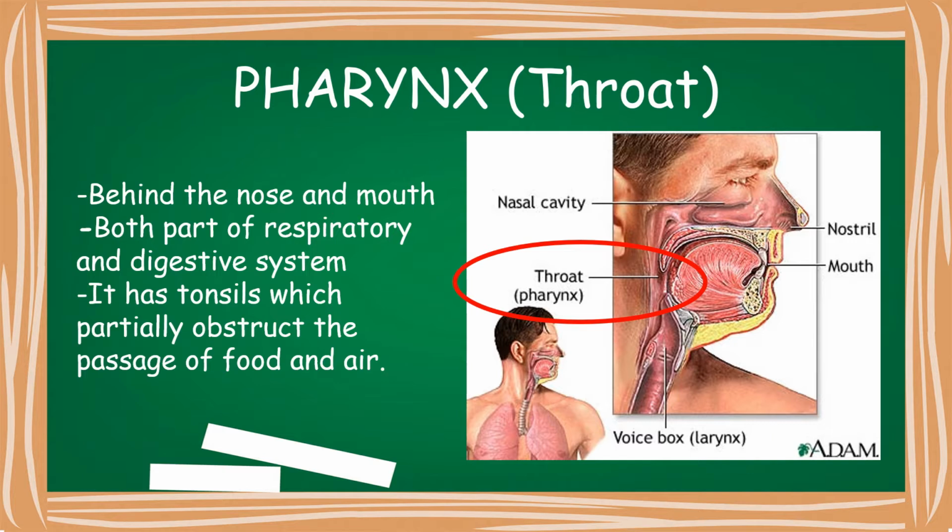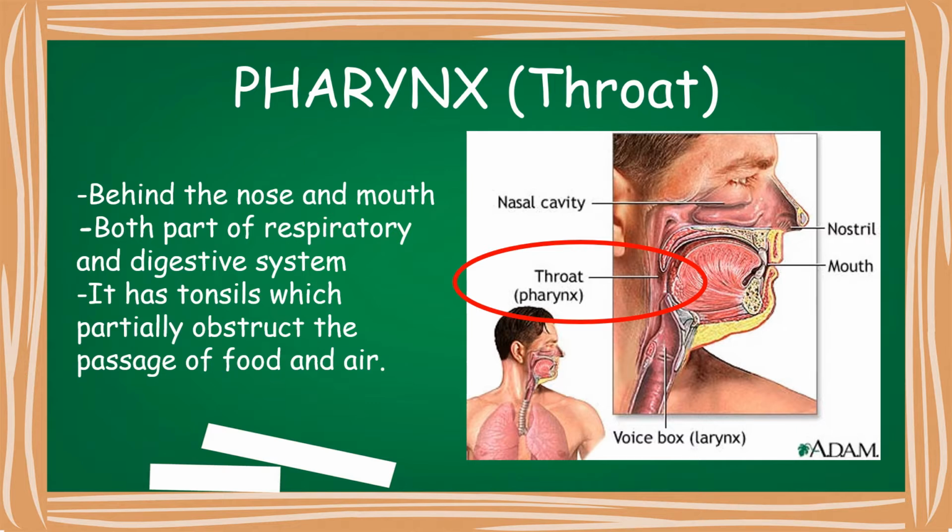The pharynx is part of both the respiratory and digestive systems. Meaning to say, it is a passage for both air and the food that we take in. Inside our throat are our tonsils, which partially obstruct the passage of food and air.